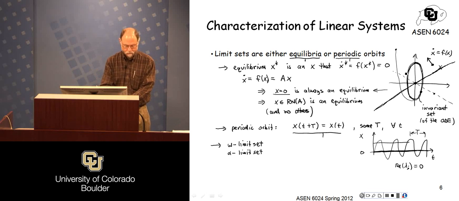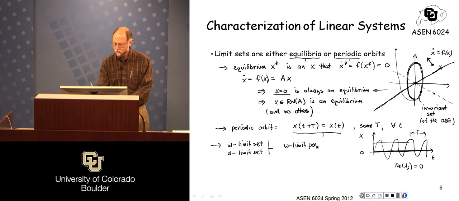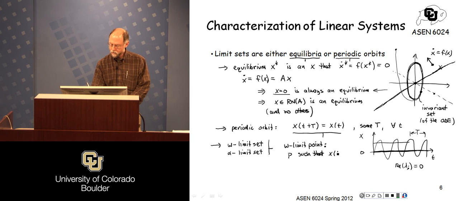So first we have to look at what an omega limit point is. That's some point P such that x of t sub i converges to P for this sequence t_i going to infinity.